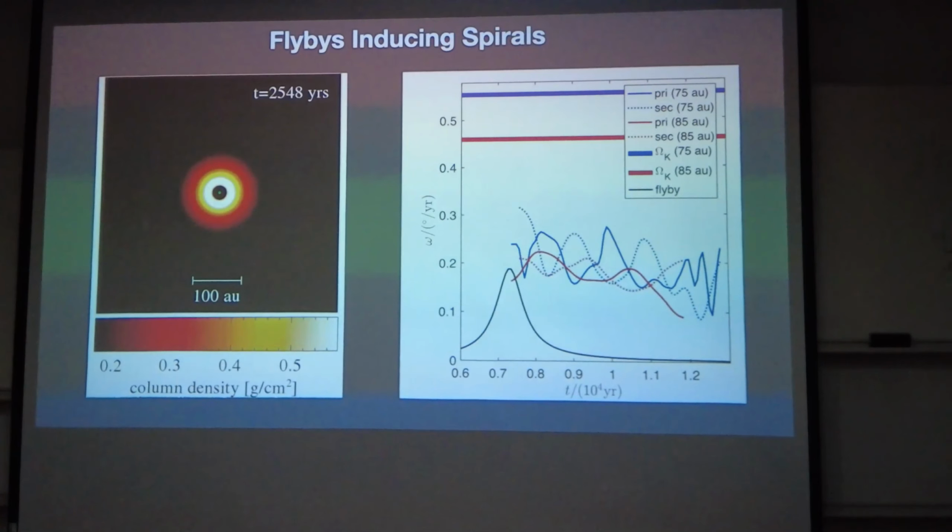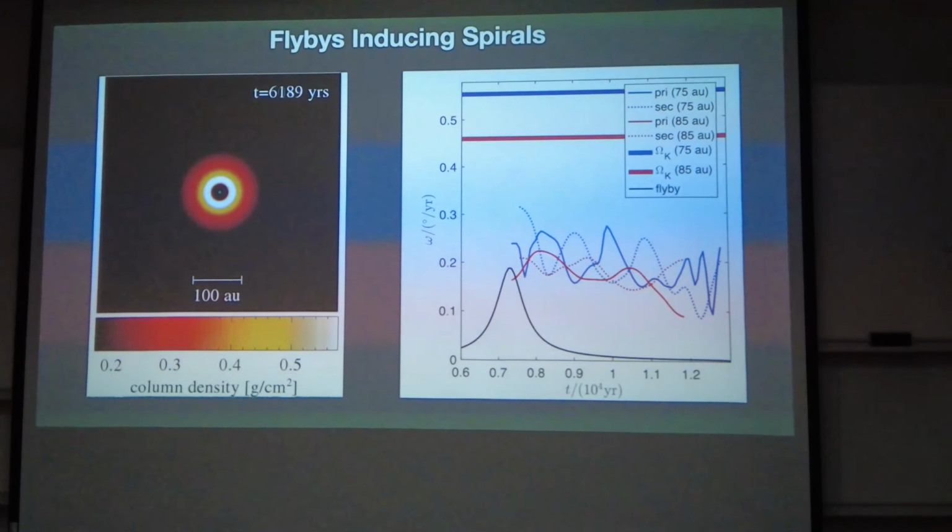This is the same movie here. When we see these spiral arms, we can calculate the pattern speed, so how fast these spirals are moving. The black curve is the angular velocity of the flyby, and the other curves are the primary and secondary spirals at two different radii, 75 and 85 AU.